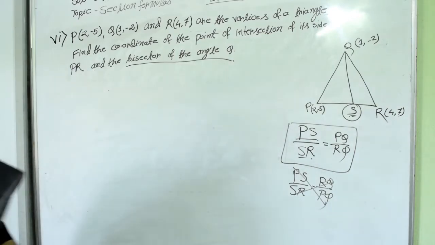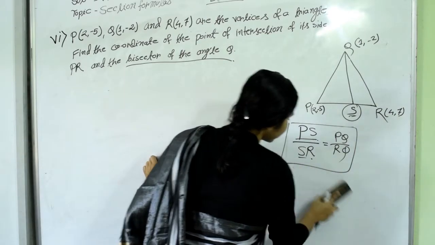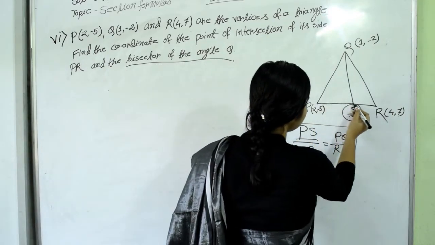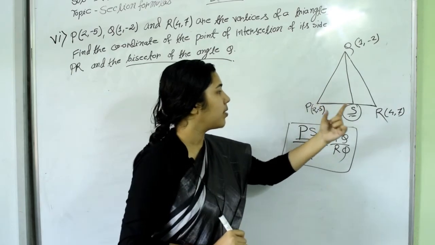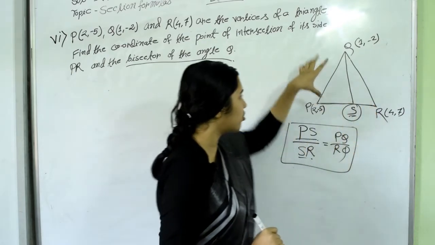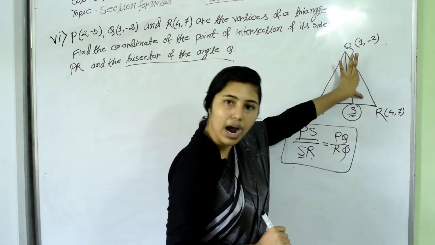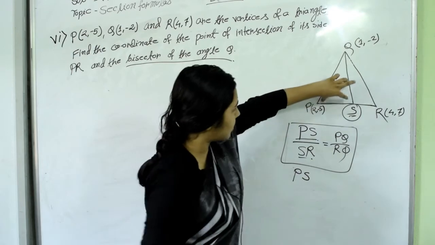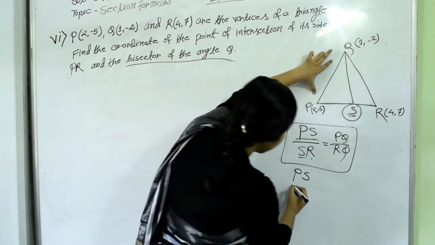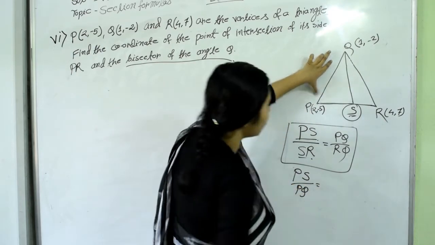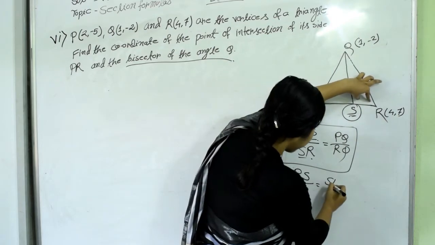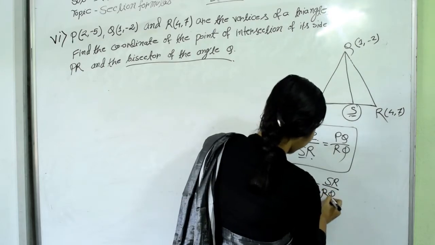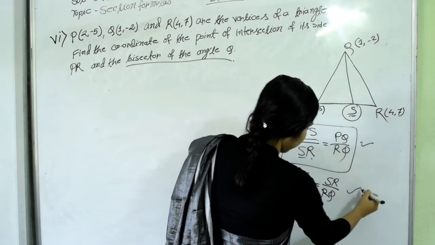So the correct way of this proportion is PS by SR equals PQ by RQ, or you can also write it as PS by PQ equals SR by RQ. Both are the same.